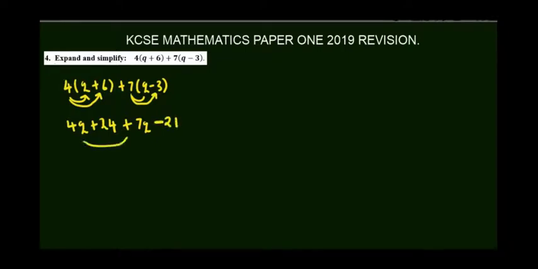Now collecting the like terms, we have 4q and 7q adding up to get 11q, plus 24 minus 21, that should give us 3. So at this particular point it's already in its simplest form, we cannot proceed further. So that is the result for number 4.